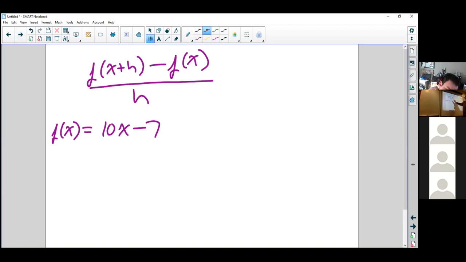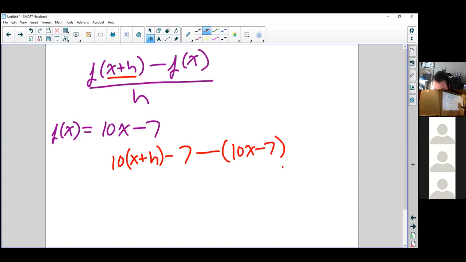Okay? So if we're going to start filling out this equation, I'm going to go 10 parentheses minus 7. Inside here is going to be x plus h minus whatever f at x is. Don't forget to put it in parentheses. All divided by h.